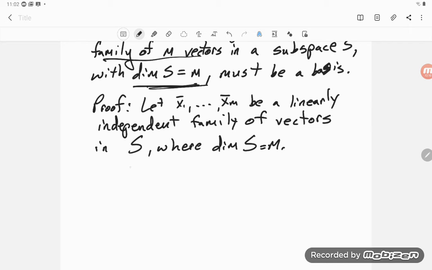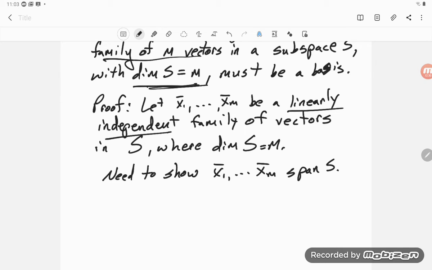Another way to say that is we need to show x1 up to xm span S, because they're already linearly independent. And so for a basis, right, they need to be linearly independent and they need to span S. Okay?